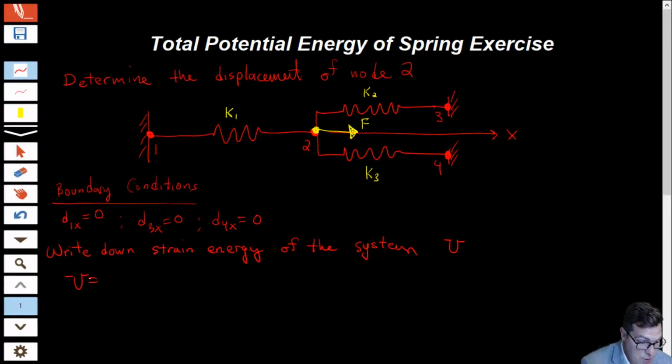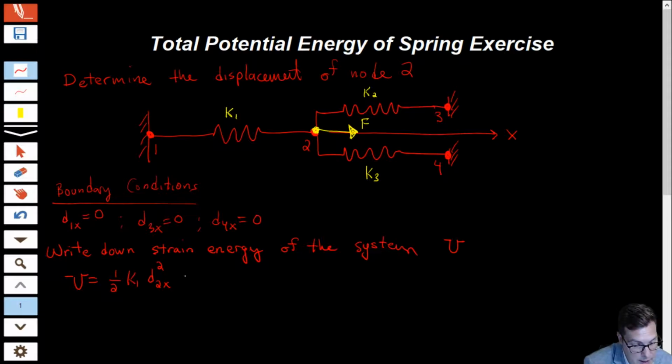The strain energy, we're going to have 1/2 K1 strain energy of that element there. We start to think about these things as elements. So these springs are kind of like elements with a stiffness. So 1/2 K1 for that section between 1 and 2, and that displacement 1's not going anywhere, so you're going to have d2x squared here.